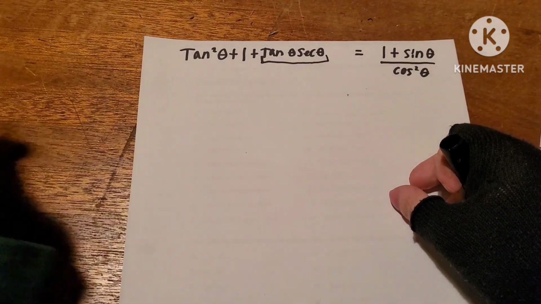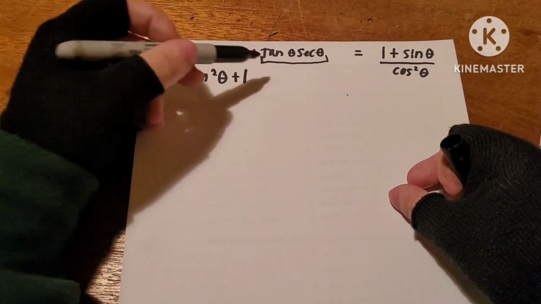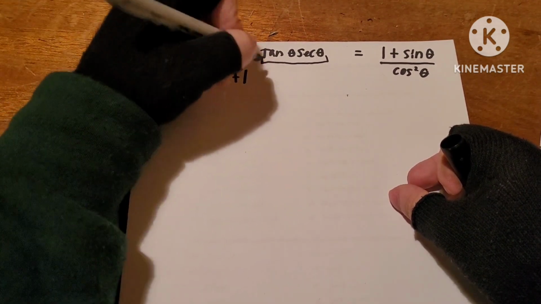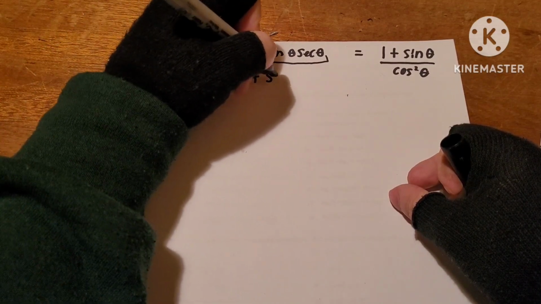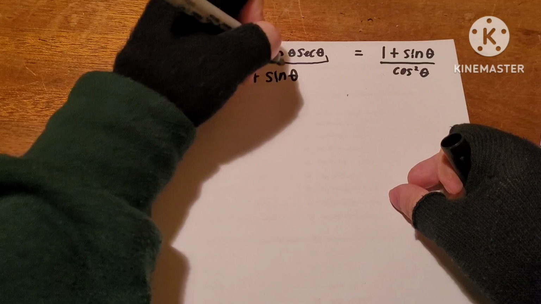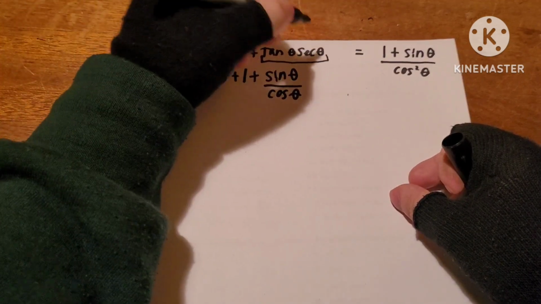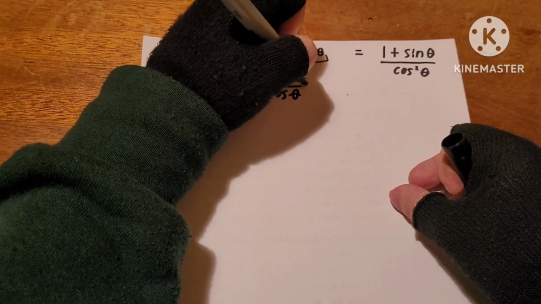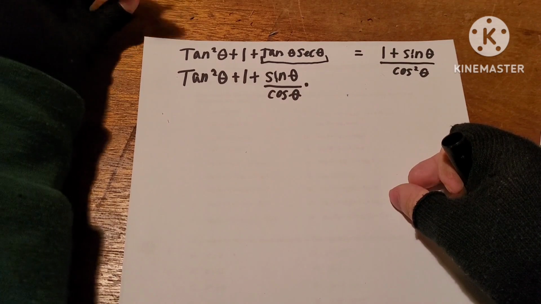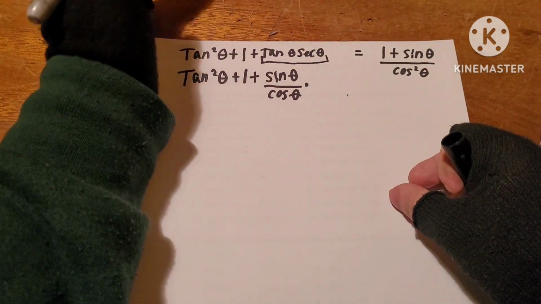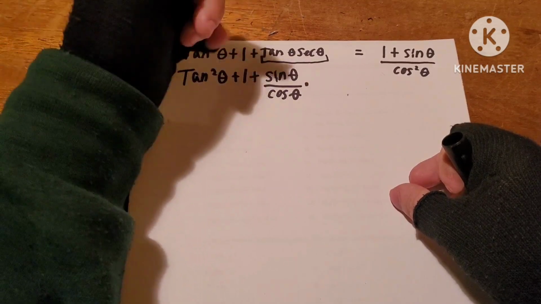So now, what we're going to do is just copy the rest of the equation. And now for tan theta secant theta, we're going to go plus sine theta over cos theta, and then the secant. Since this is multiplied, you can put it all under one numerator if you feel confident in your ability.